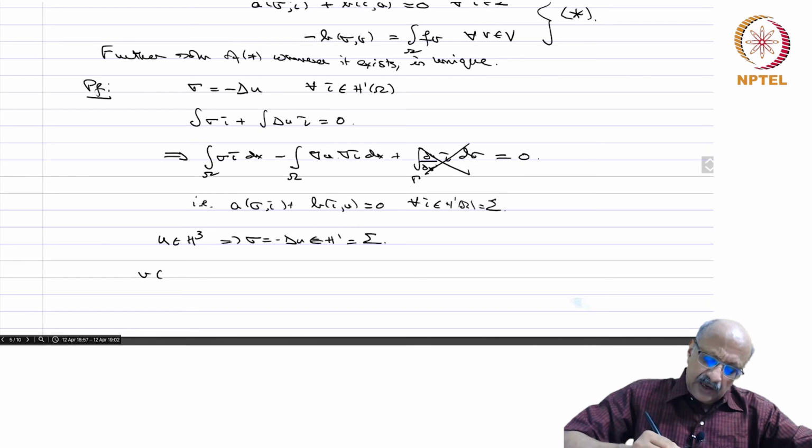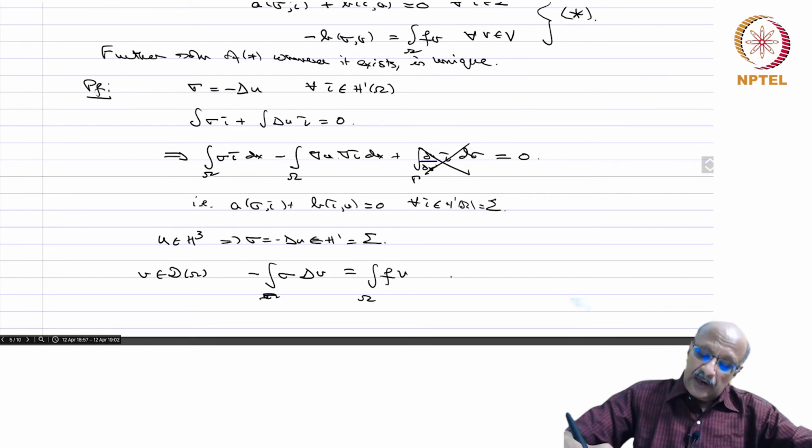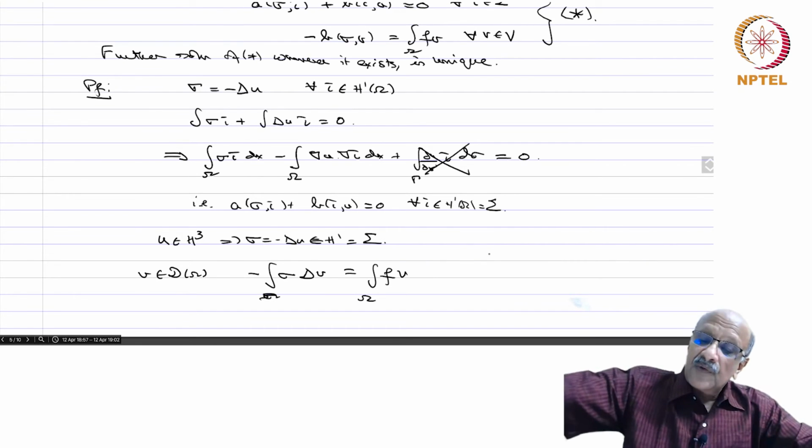Now you take v in D of omega. So you have minus integral over omega sigma delta v equals integral fv, because you know that integral delta u delta v equals fv, that is sigma equals minus delta u, and therefore you have this from the weak formulation.